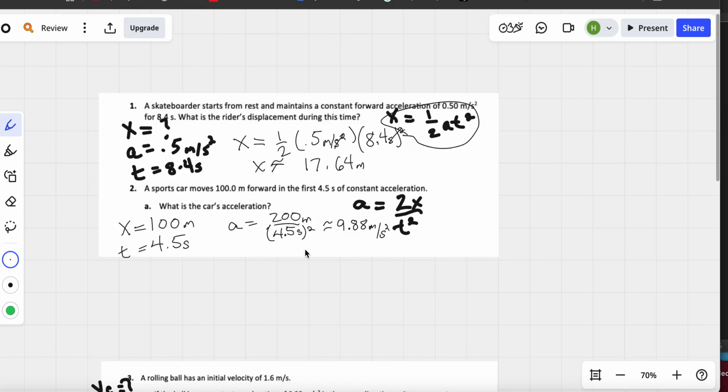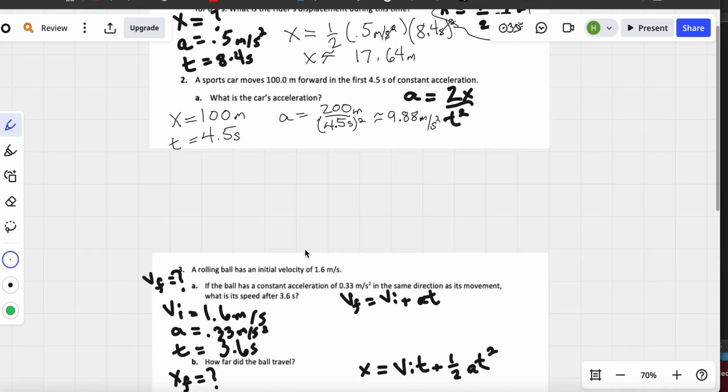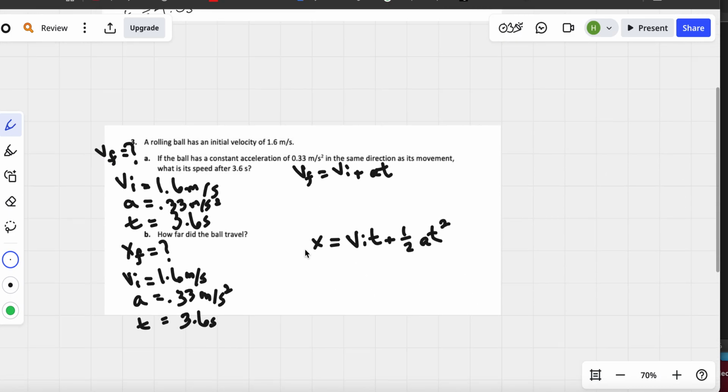I'm surprised they didn't write out the list of what we were given. Everything else I wrote out with the list was what we were given. All right, so a rolling ball has an initial velocity of 1.6 meters a second. If the ball has constant acceleration of 0.33 meters a second squared in the same direction as its movement, it's speeding up.